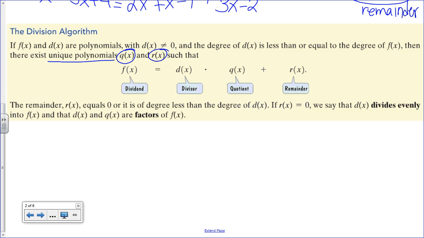Now, if you guys notice, we are using letters d, q, and r for convenience, right? So f of x is the dividend. D of x is the divisor. The quotient is q of x. And the remainder is r of x.